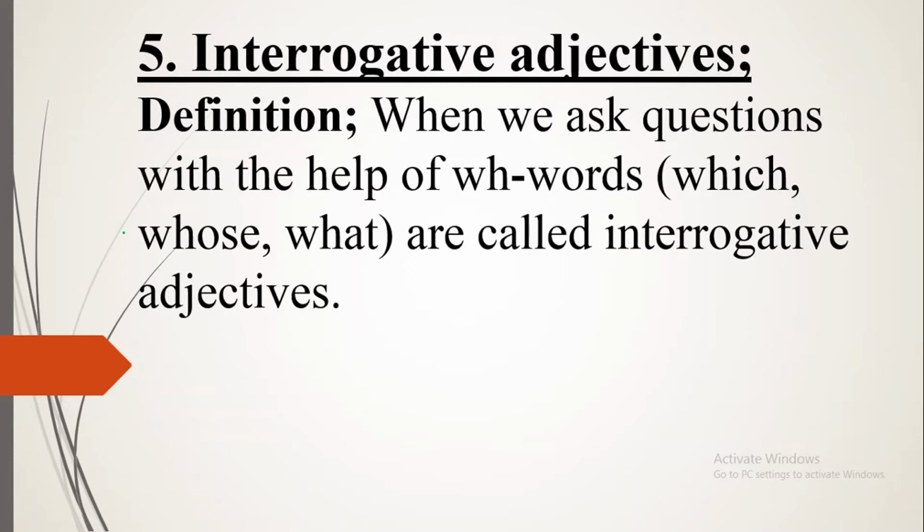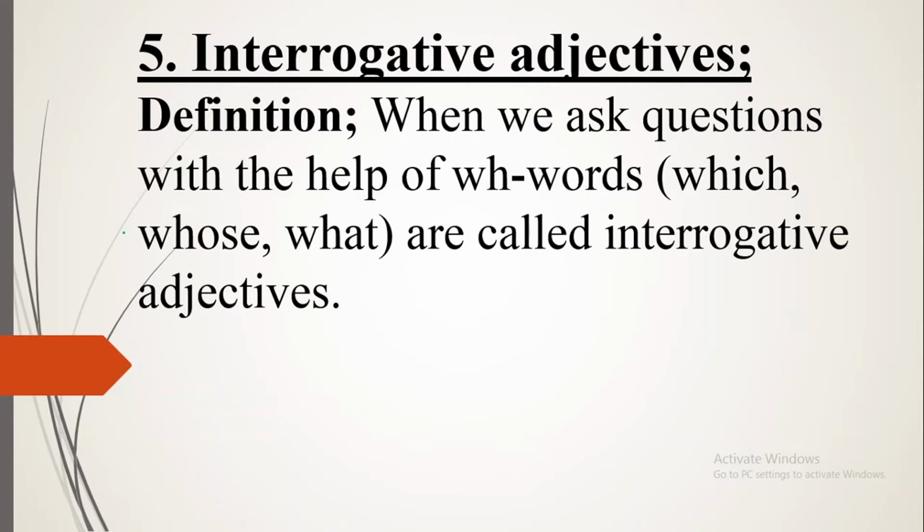In interrogative pronouns, we learned that those WH words are used at the beginning of interrogative sentences, but here you will use them before nouns. This is the difference between interrogative pronouns and interrogative adjectives.